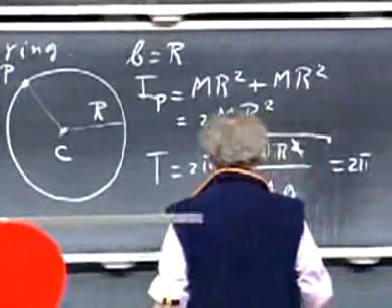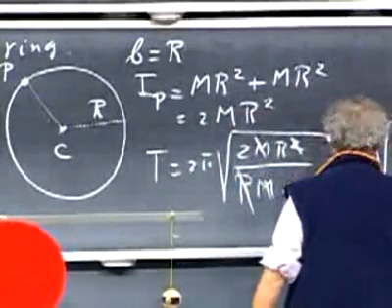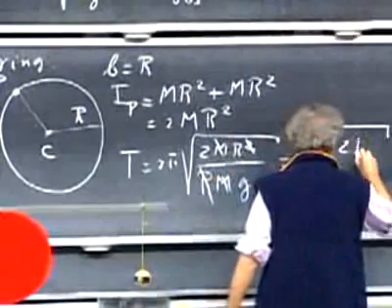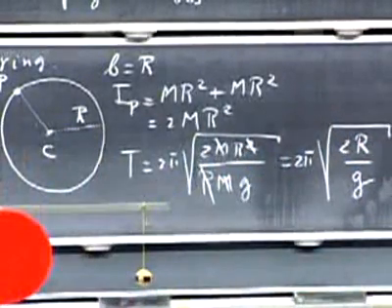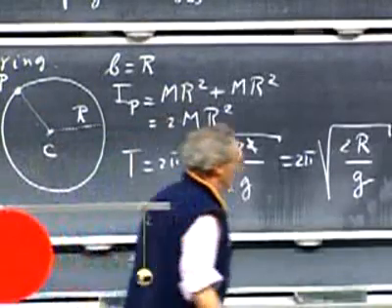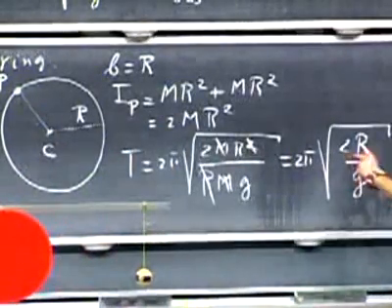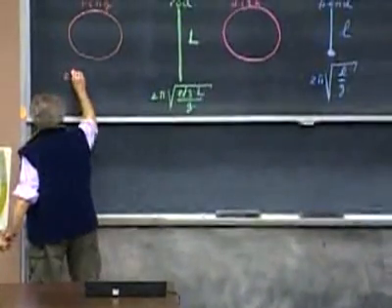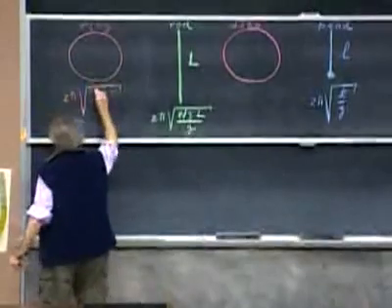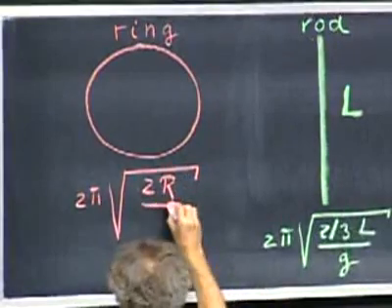I derived this in lecture number 21. I remember everything by lecture number, believe me or not. So the period now is the same as a pendulum with length 2r. This is the ring. And so here we have 2 pi times the square root of 2r divided by g.